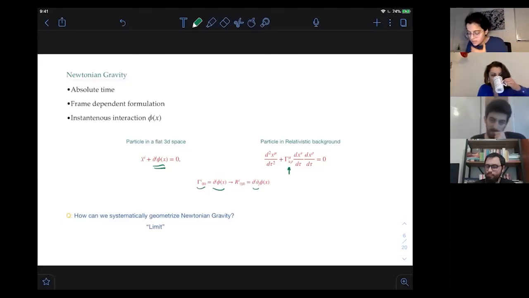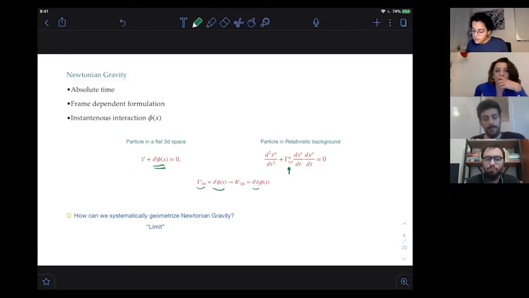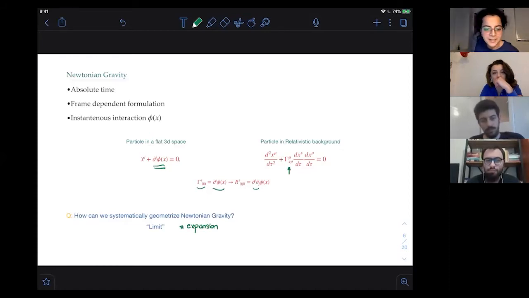But the question is, how can we systematically geometrize Newtonian gravity and try to get a more covariant formalism? The way I focus on in this talk is the limit, but there are other ways, and I will just name them. One approach is expansion. We have an expert in the audience, I saw Mert Ergen.